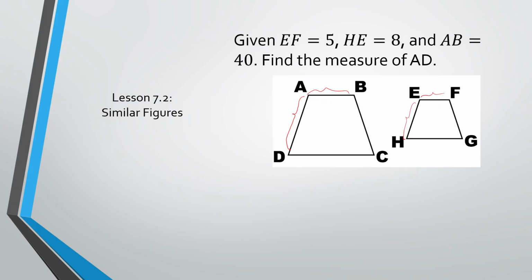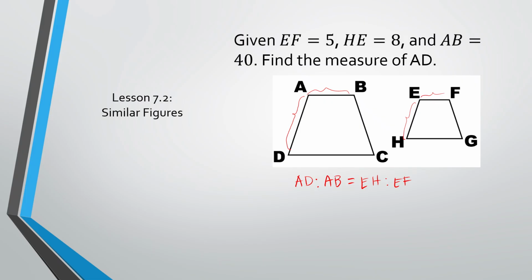So first, we have to write the ratio form, which is AD is to AB. And the corresponding side of AD is EH. And the corresponding side of AB is EF.